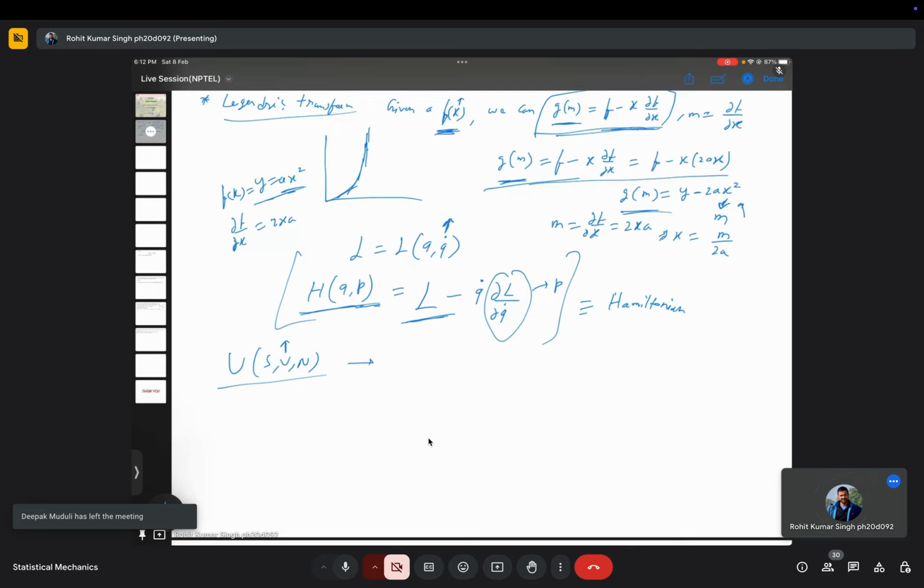To do that, we follow this procedure of Legendre transformation, keeping the others constant. From the first law of thermodynamics, you know this derivative is just minus P. So you have U plus PV, and this is another quantity which we call enthalpy.